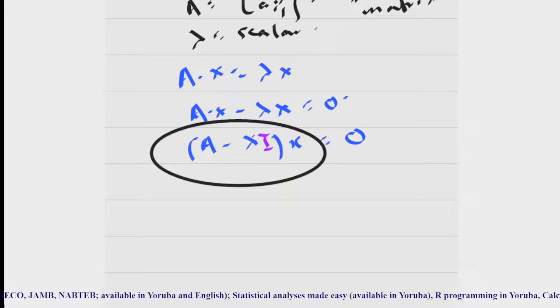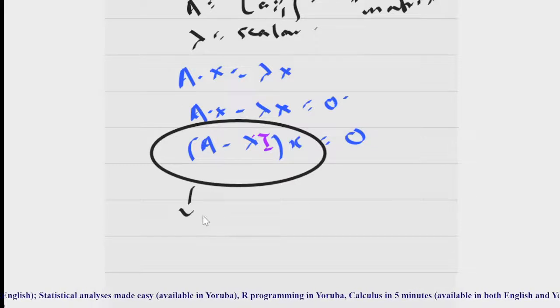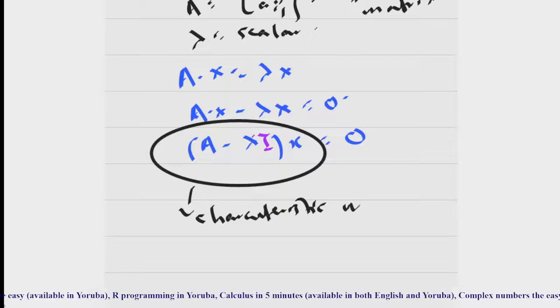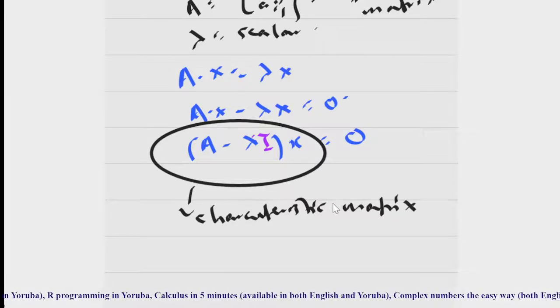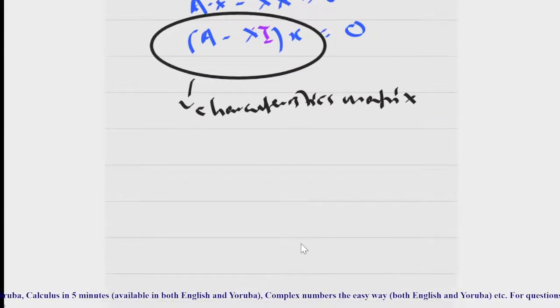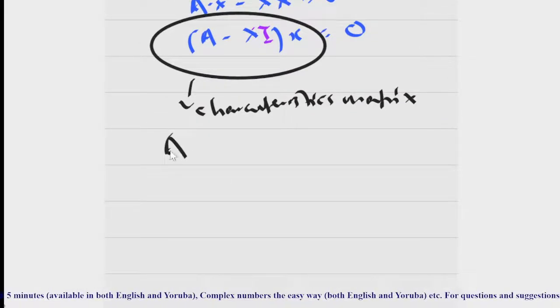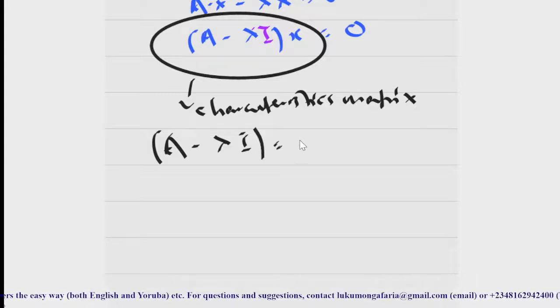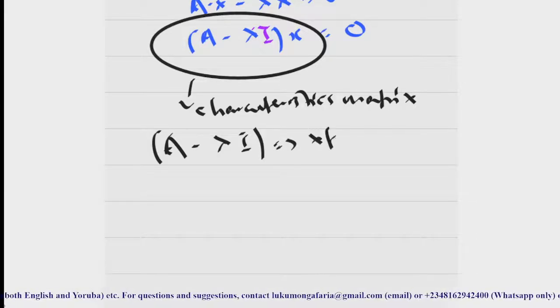This expression is what we call the characteristic matrix. That is when you have a square matrix A like this, and you subtract lambda I from it. So then what you have here is known as the characteristic matrix.